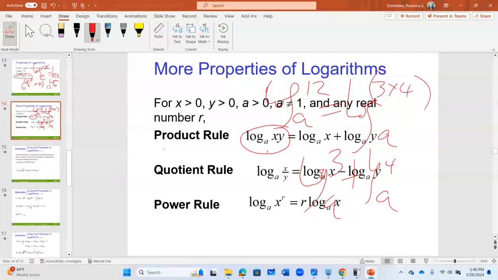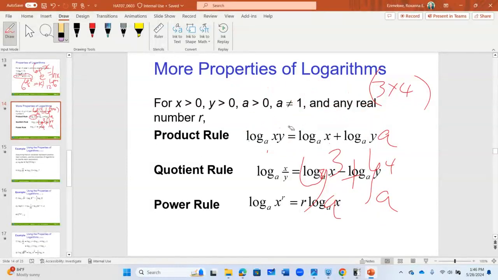So multiplication is addition, provided that x and y are positive and the base is greater than 1.